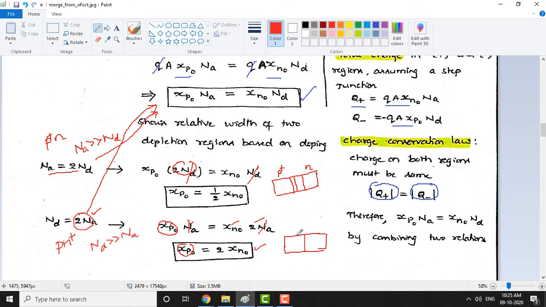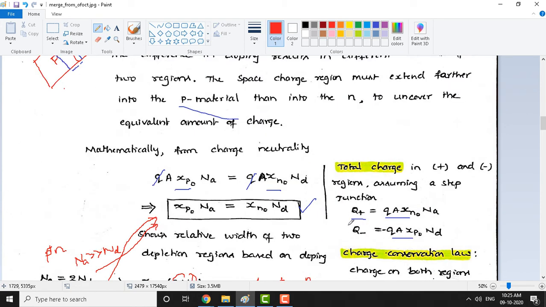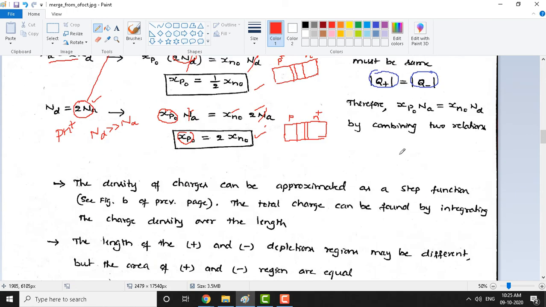In this case, the depletion width extends to the p side and there is a narrow depletion region on the n side. This kind of diode is p n plus. So these are two specific examples. I hope you understand how the depletion region extends to the p side and n side depending on the doping. Due to the unequal doping, this extension happens.